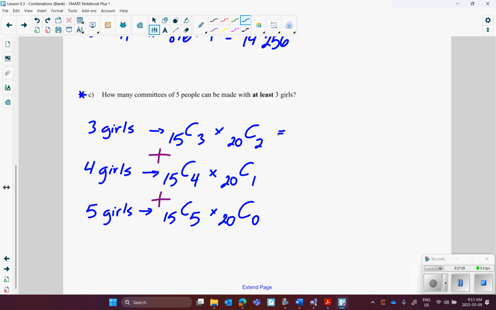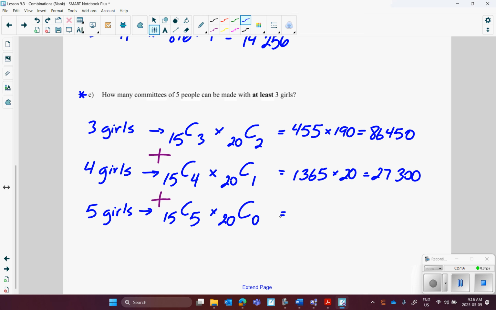And then this is just a matter of using your calculator. So this would be 455 times 190, which equals 86,450. This would be 1365 times 20, which gives us 27,300.